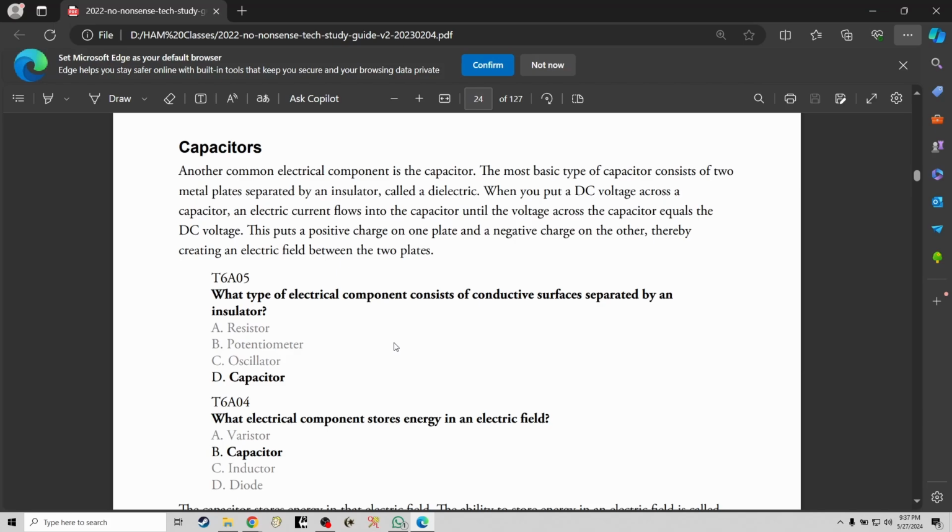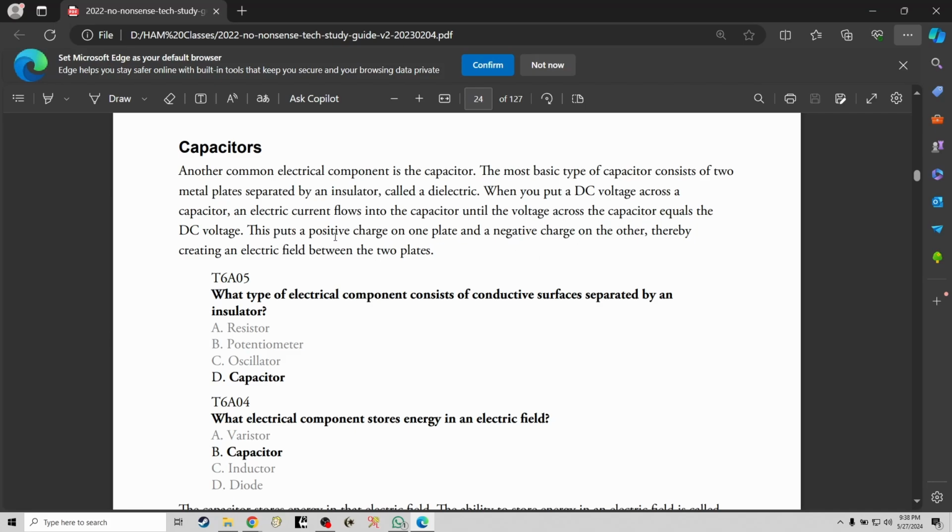Capacitors. Another common electrical component is a capacitor. The most basic capacitor consists of two metal plates separated by an insulator called a dielectric. When you put a DC voltage across a capacitor, the electric current flows into the capacitor until the voltage across the capacitor equals the DC voltage.